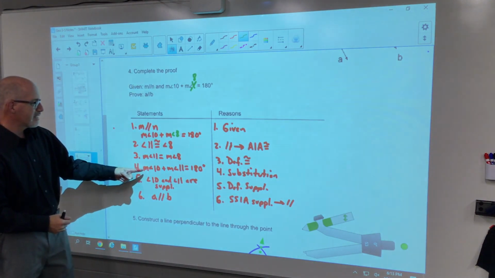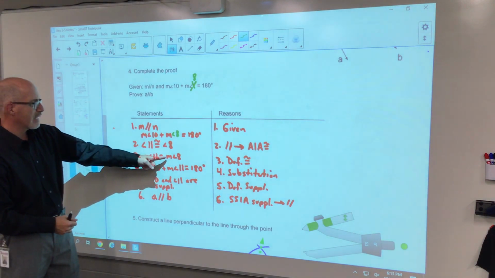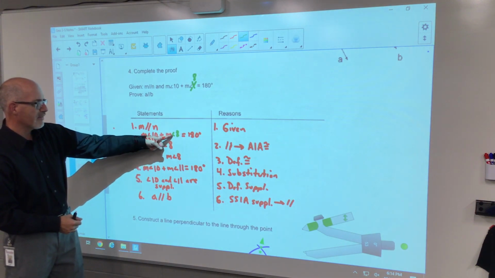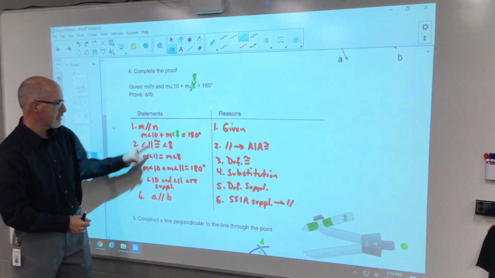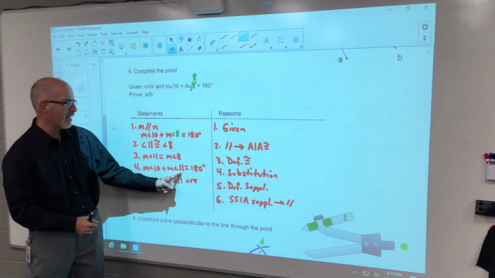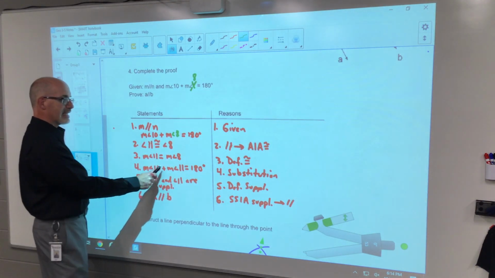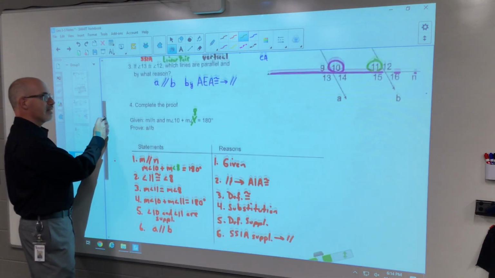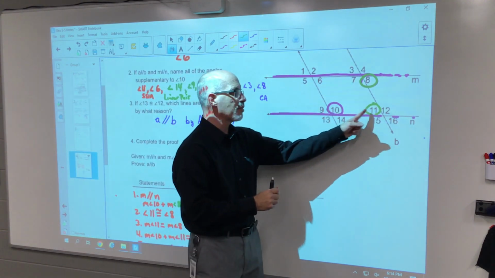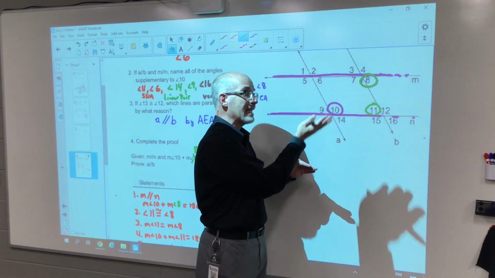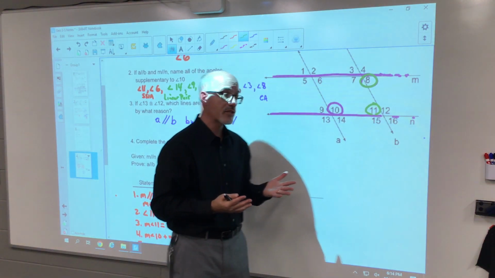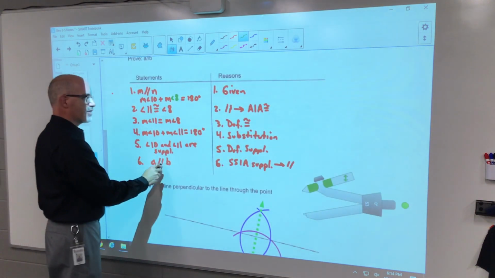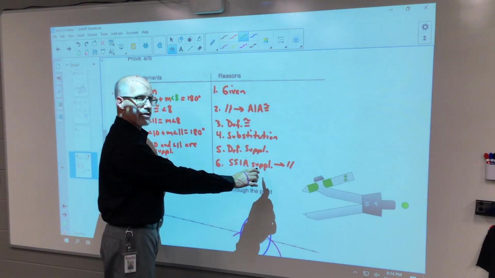Then we can substitute the measure of angle 11 in for the measure of angle 8 in this statement. So the measure of angle 10 plus the measure of angle 11 equals 180. That means 10 and 11 are supplementary, by definition of supplementary. Those are same side interior angles that are supplementary. Because of that, we can now say those two lines are parallel by same side interior angles supplementary leads to parallel lines.